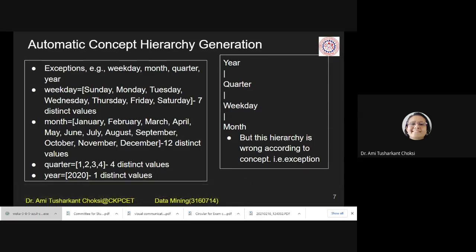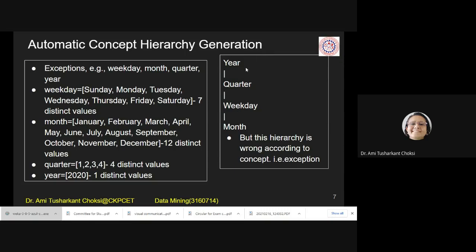So what do we say? We should say that year, having the least distinct values, comes at the top, or you can say whichever has the most distinct values, that is 12, should come at the lowest level. Then the next above should be 7, the weekdays. Then quarter, and then year.